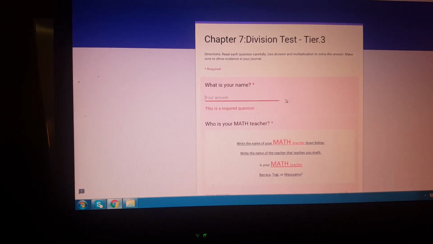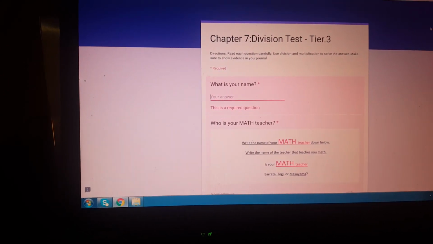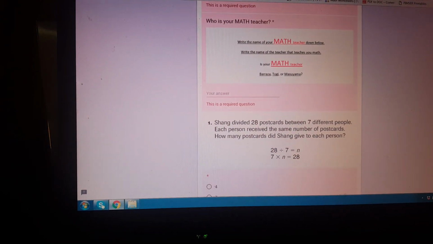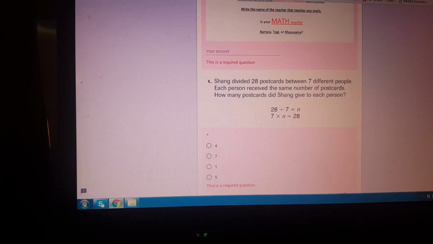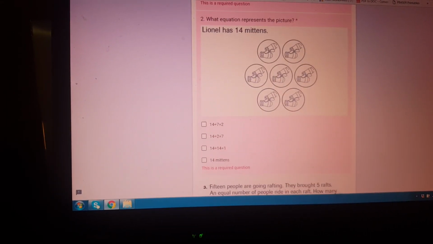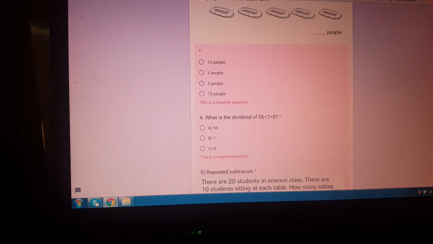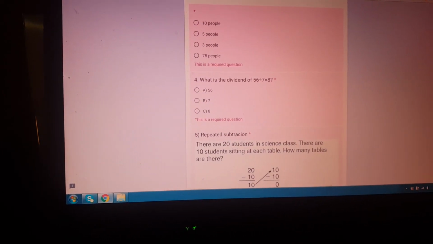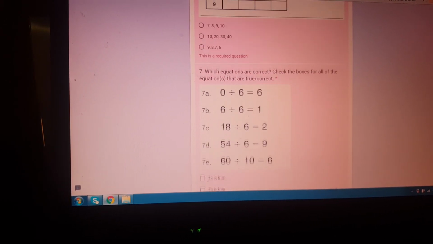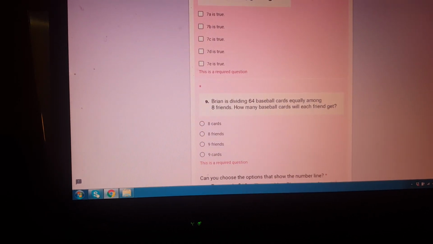So if you see red, you need to look through your answers and find the answers that are missing an answer. All of my questions are missing an answer. So I would have to go back and do all of them because they are all incomplete. If it says to review your answers, that means it was turned in and you're good to go.